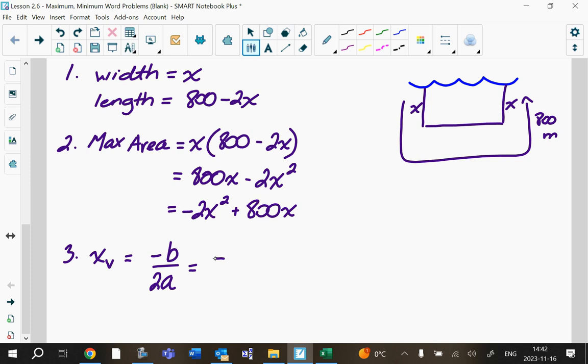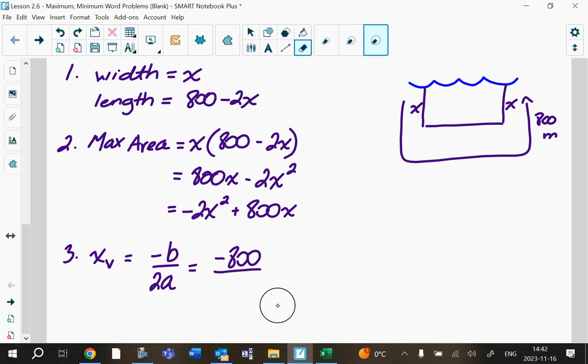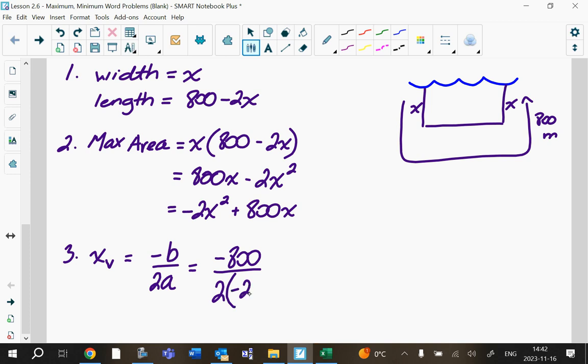Yeah, so it becomes negative 800, and then over negative 2 times a, which is negative 2, which gives me negative 800 over 4, which is 200.